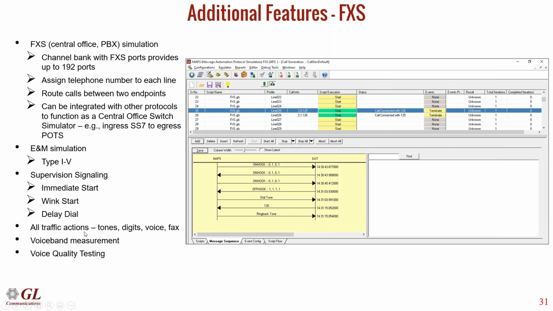And again, we can do the same types of traffic actions we did before. We can send tones and digits, voice files, fax. We can do voiceband measurements and voice quality. Whether it's 2-wire or 4-wire E&M, we can support both. So depending on your requirements, we can definitely support a lot of different scenarios.